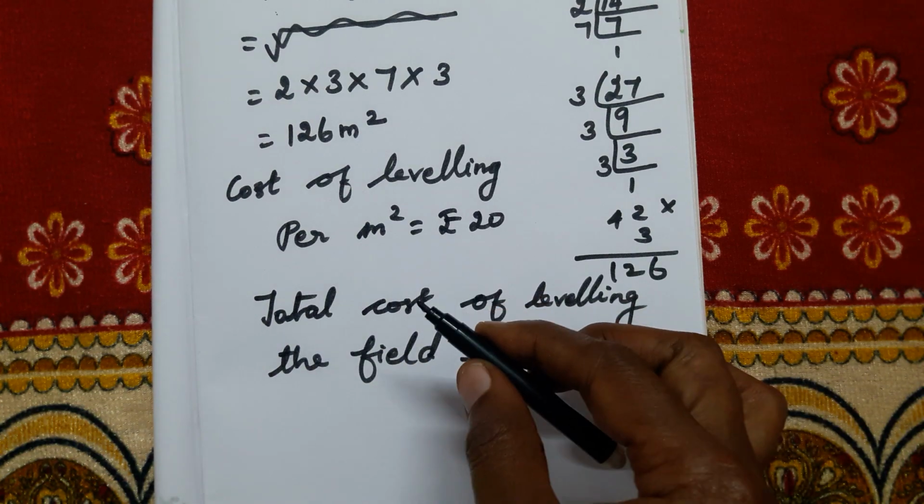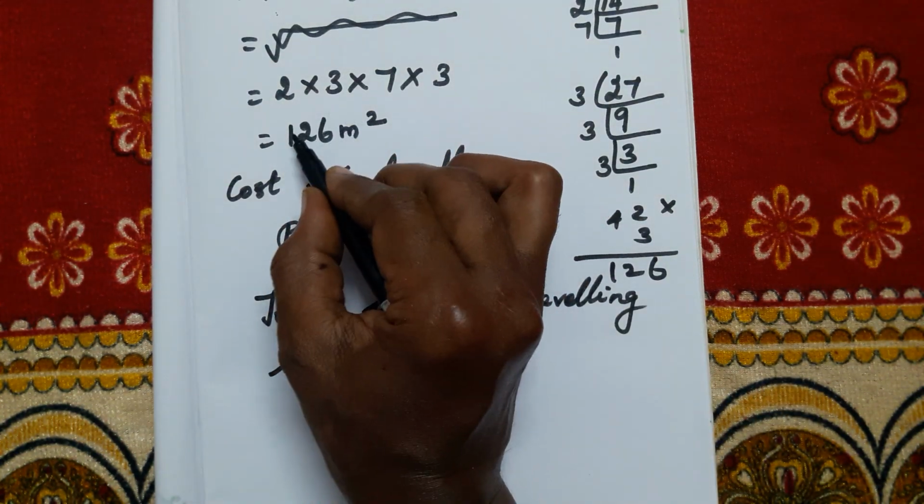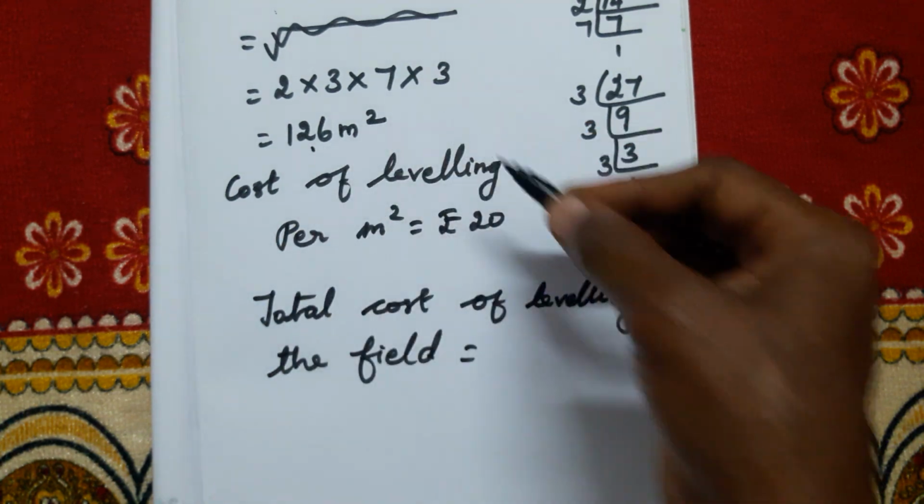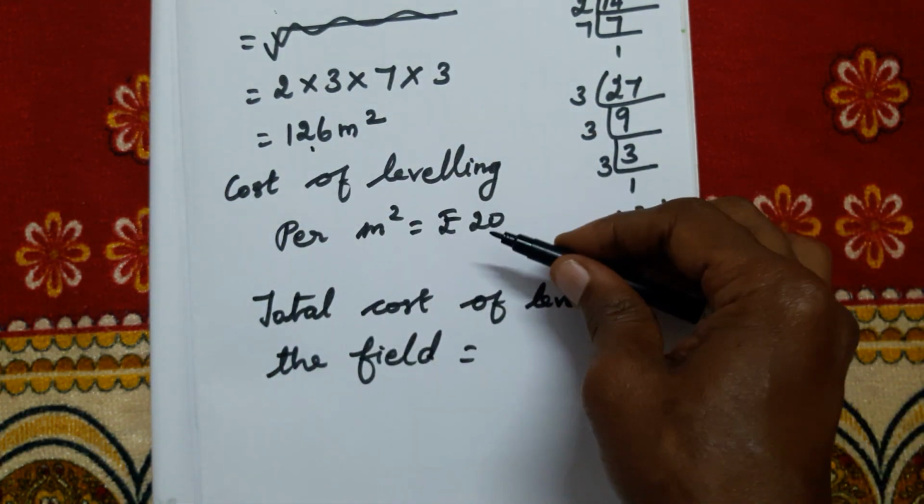How can we find the total cost of leveling the field? Total area is 126, and the cost per square meter is rupees 20.